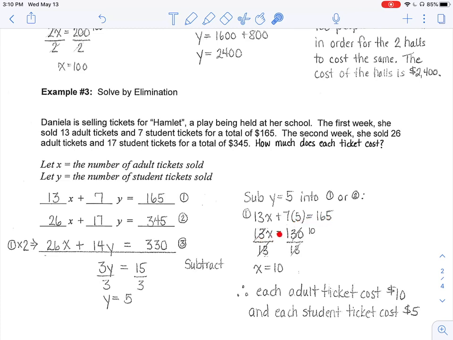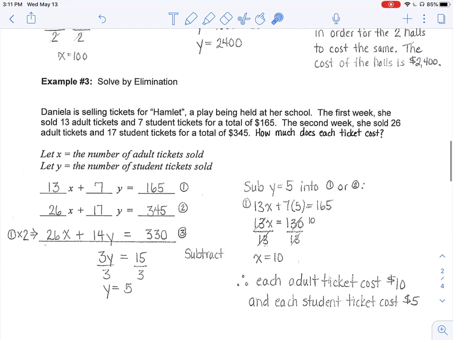Well, 13x is equal to 130. Divide both sides by 13, we get a value of 10. So therefore, each adult ticket costs $10, which we got here, X is adult, and each student ticket costs $5, which is right here.